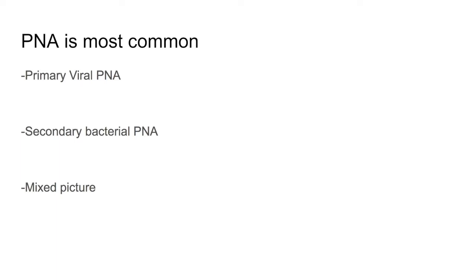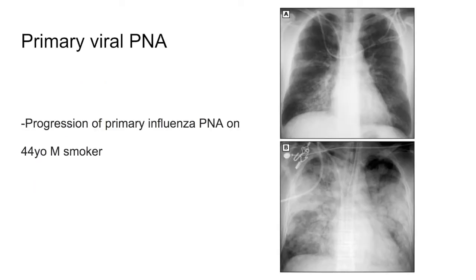And then you can have a mixed picture, which is a little bit of both. The primary viral pneumonia is actually the more severe of the pneumonia complications coming from influenza. It's worse than the secondary pneumonias, actually.